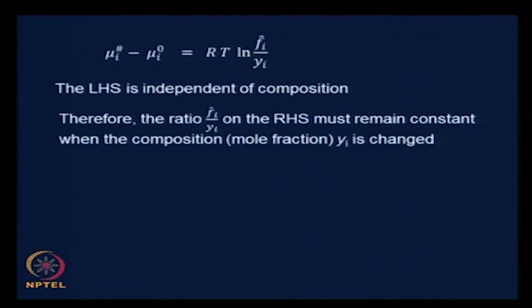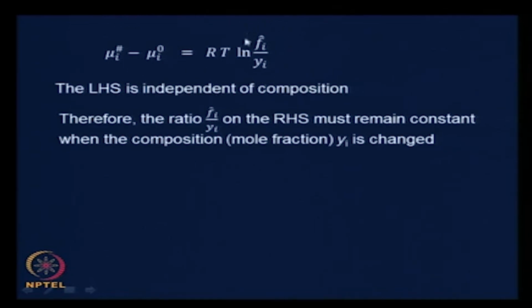Therefore, on the right hand side, R and T, there is no problem here. If at all we need to worry about composition, it has to be in this term. This ratio Fi hat by yi on the right hand side must remain constant when the composition is changed, because you have a left hand side which is independent of composition.